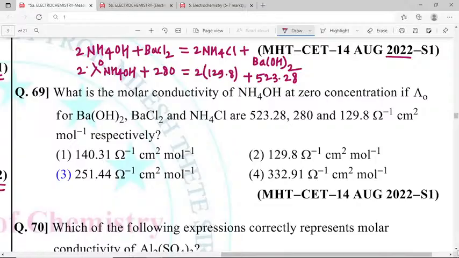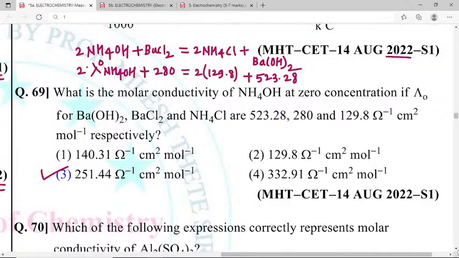So first multiply by 2, add, then subtract 280 from this number, and lastly divide by 2. We'll get the ammonium hydroxide value.